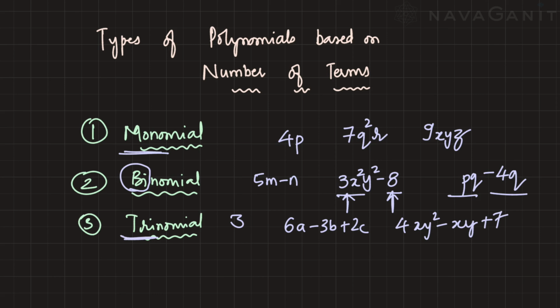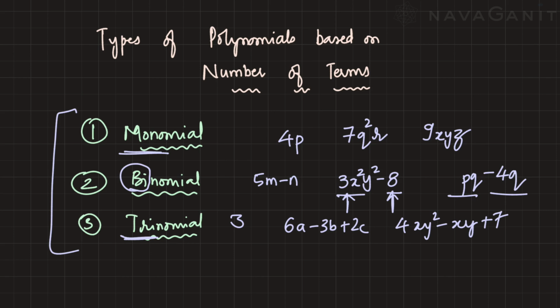In this, the prefix tri means three because it has three terms. So these are the three things that you need to remember. A monomial has a single term, a binomial has two terms, and a trinomial has three terms in them.